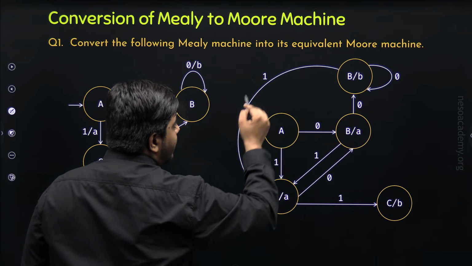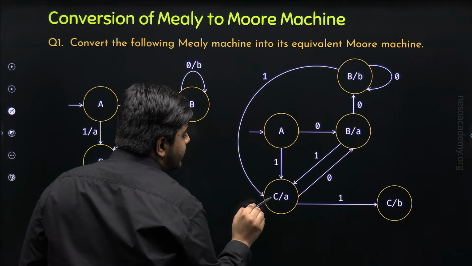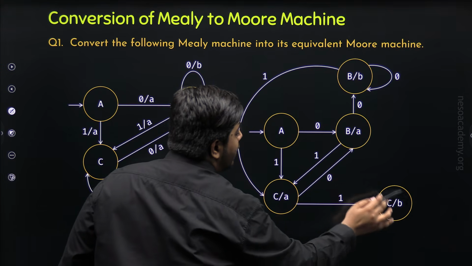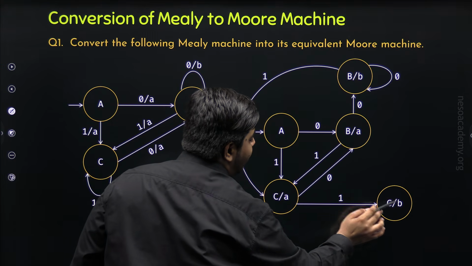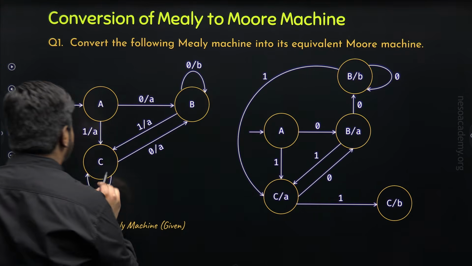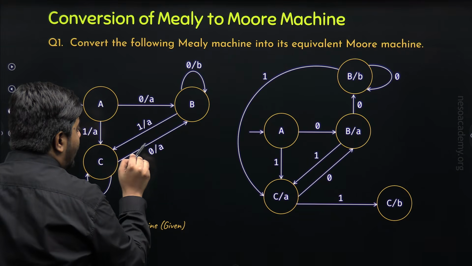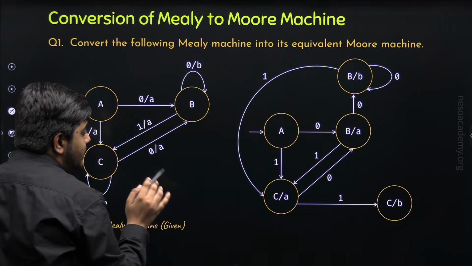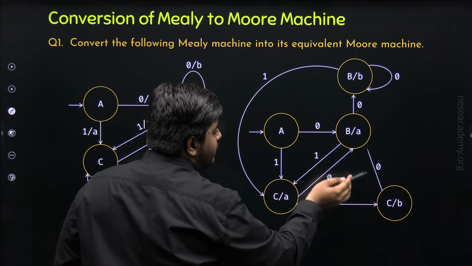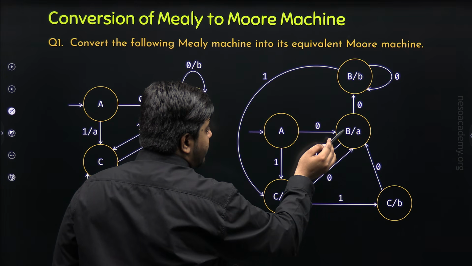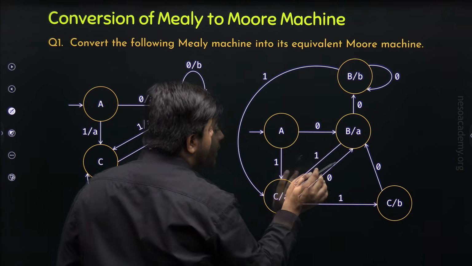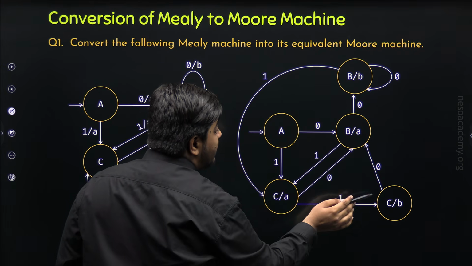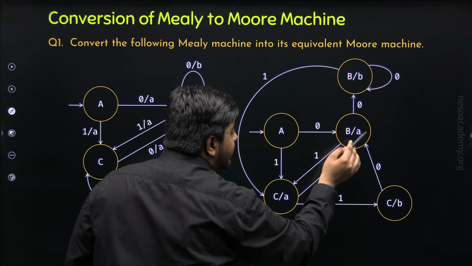So B, on getting input symbol 1, we will reach the state C having output symbol A. Now we will complete the transition for this state, that is C having output symbol B. Now C, on getting 0, we will reach the state B having output symbol A. That means C, on getting input symbol 0, we will reach the state B having output symbol A, we will not reach the state B having output symbol B. We will reach the state B having output symbol A.